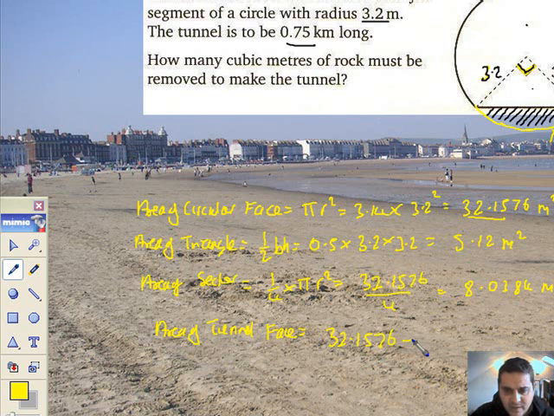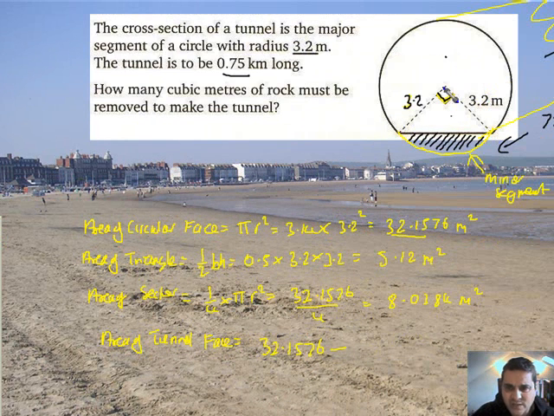Then I want to take away the area of this sector, a quarter of it, so take away 8.0384. But then I want to add on the area of my triangle, which is 5.12.